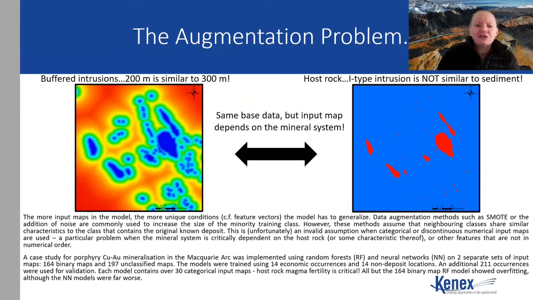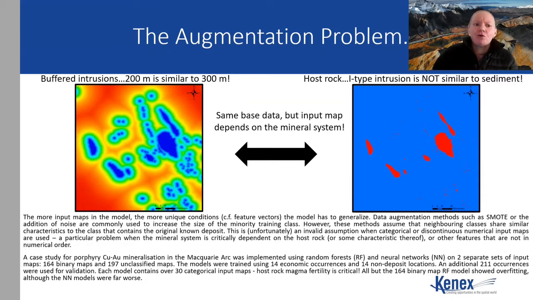So having these ordered numeric maps, whether it be increasing buffer distances or decreasing density values or decreasing element concentrations for geochemistry maps as we're moving away from the original source data, that works for probably most mineral systems, right?